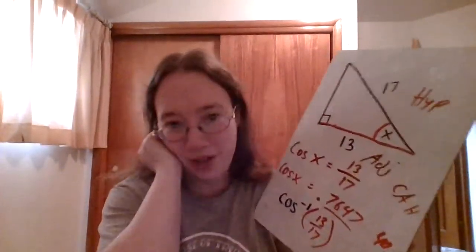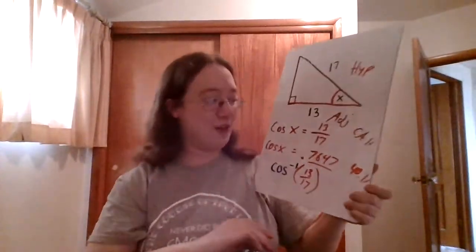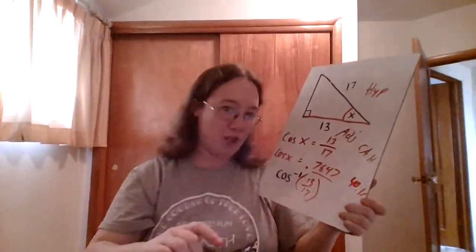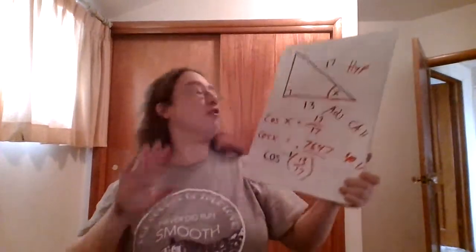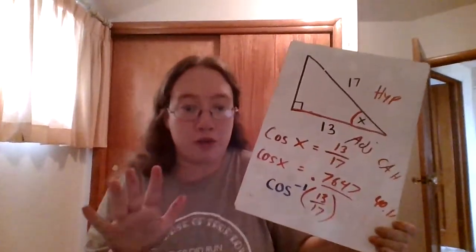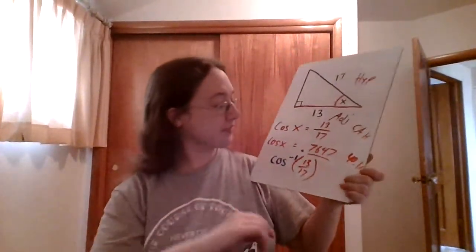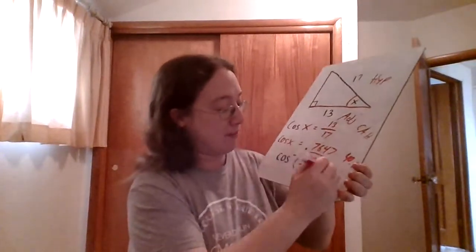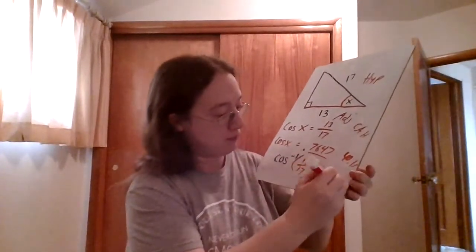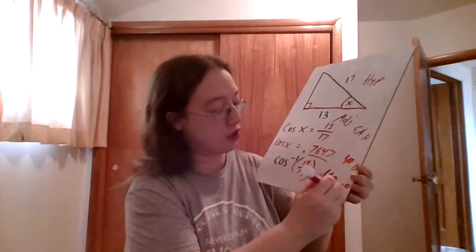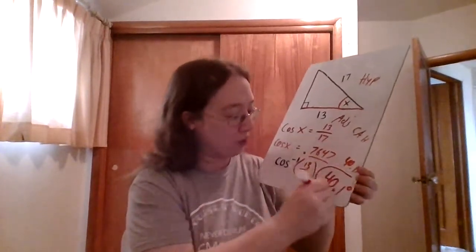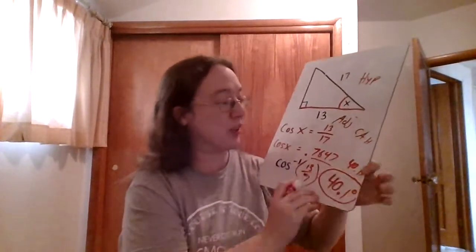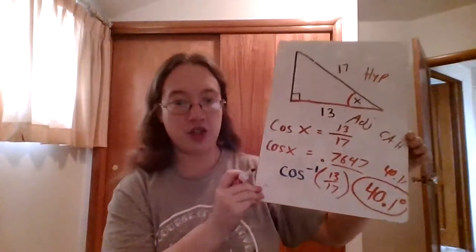We're talking about a 100th of a degree. Close enough. So I don't really care if that's 40.11 degrees or 40.12 degrees. It's 40.1 degrees. Close enough. So then we get about 40.1, and that's in degrees, because we're looking for angles. Anytime you're looking for an angle, that's going to end up in degrees.